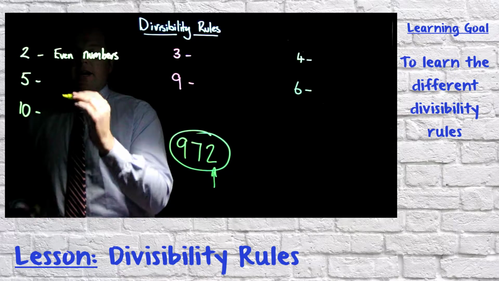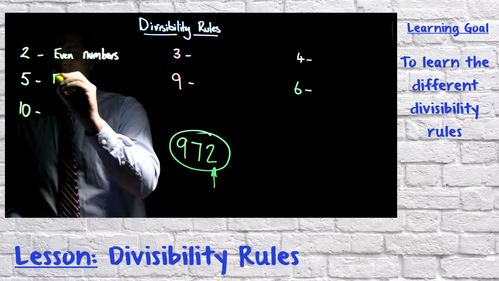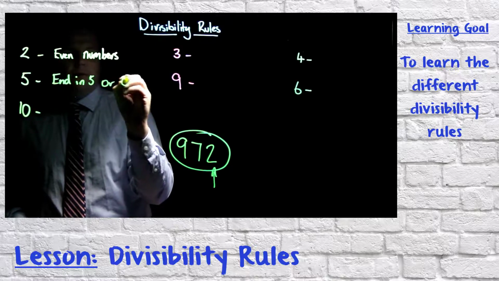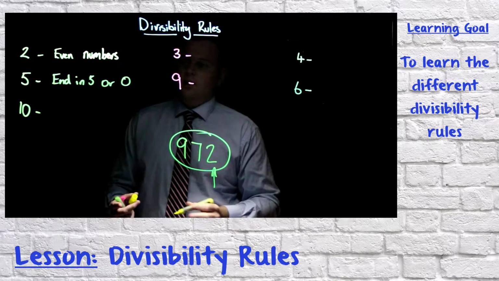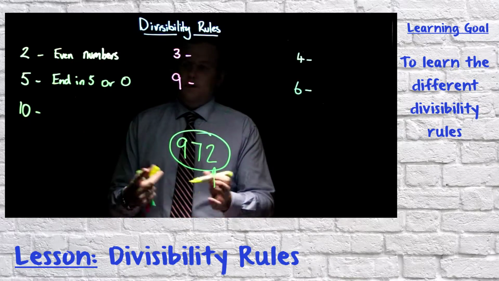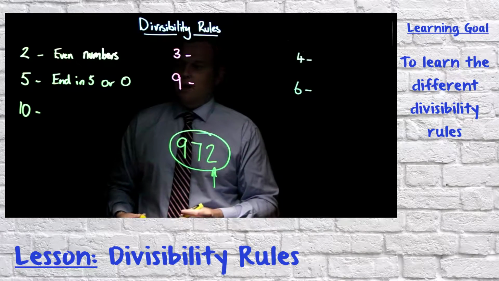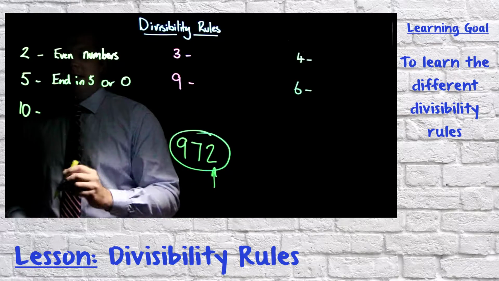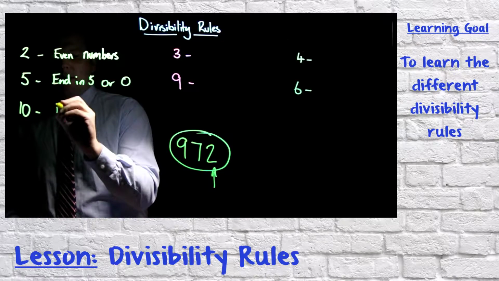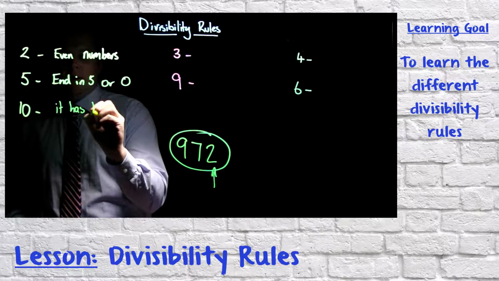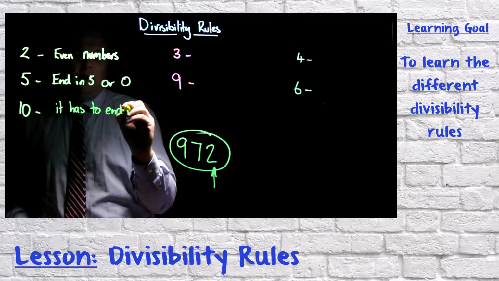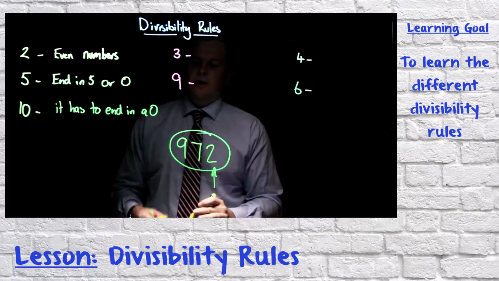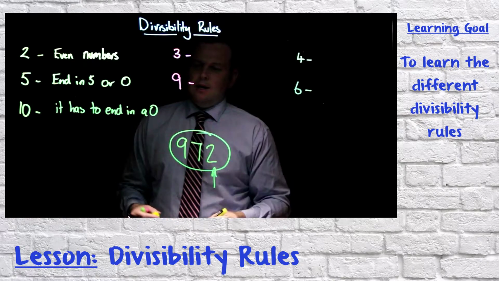For 5, to divide a number by 5, it has to end in 5 or 0. That's the only rule for 5. Like I said, you're probably pretty well aware of these ones. For 10, the rule is it has to end in a 0.